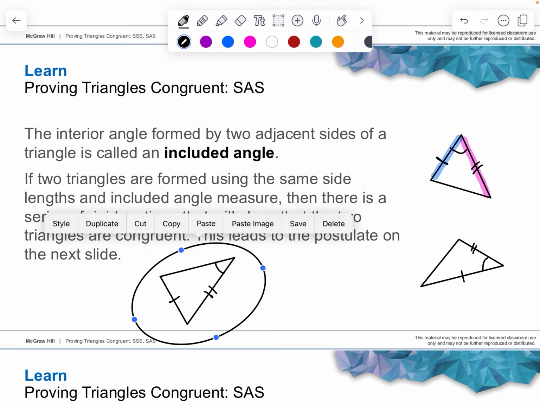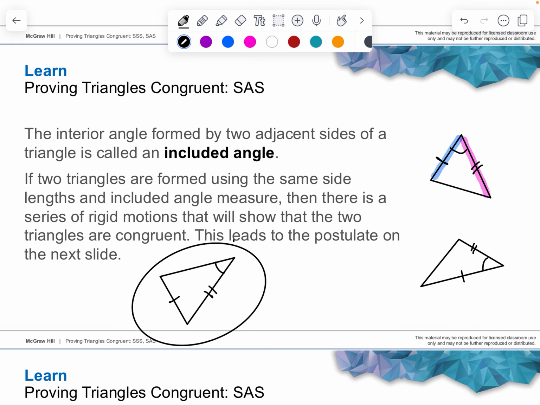This is actually SSA, and it is not an approved congruence theorem.